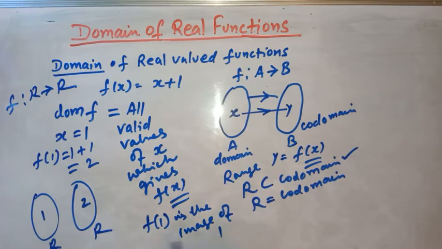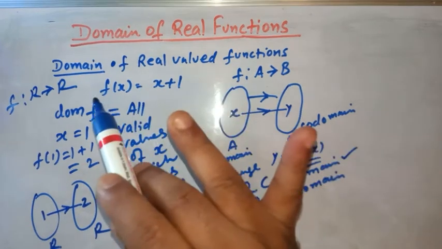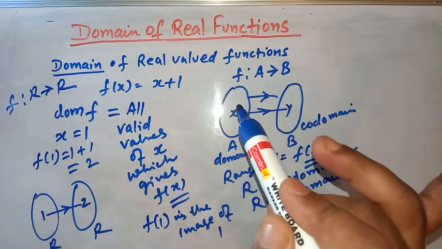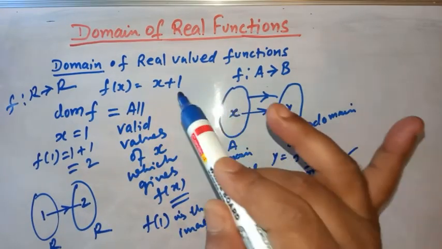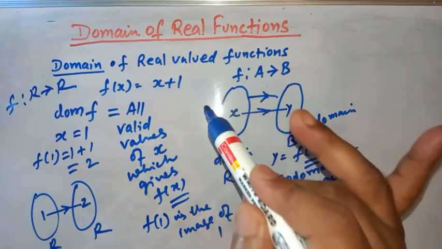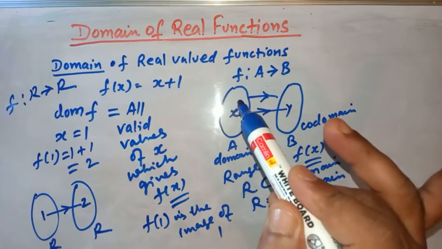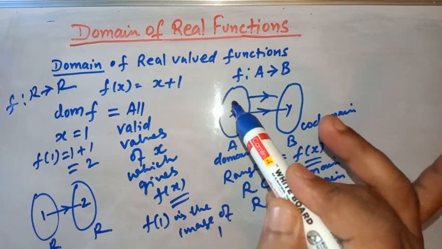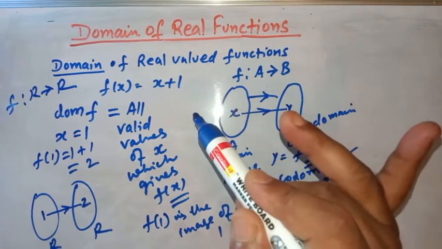So what is f(1)? f(1) is 2, so 2 is the image of 1. Clear? So the domain of a real valued function means the set of all admissible valid values of x.